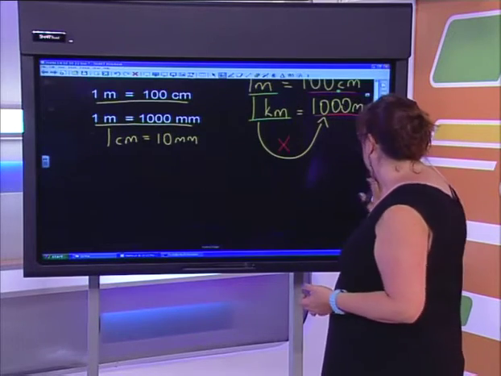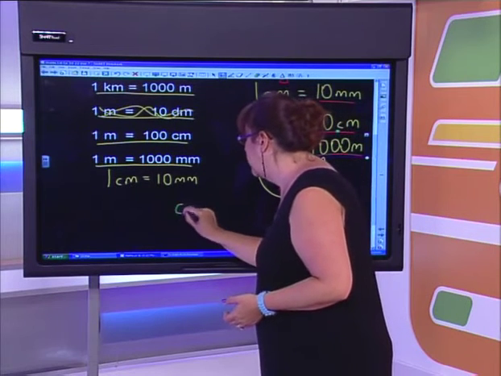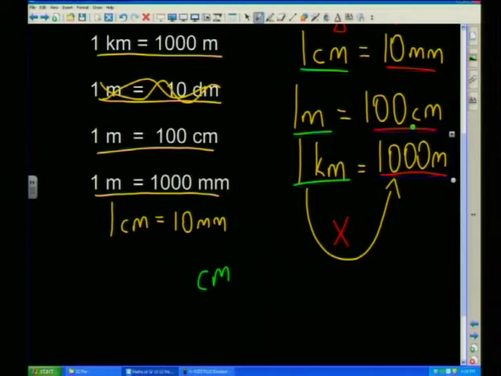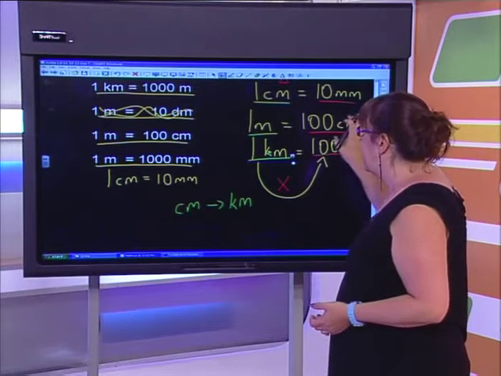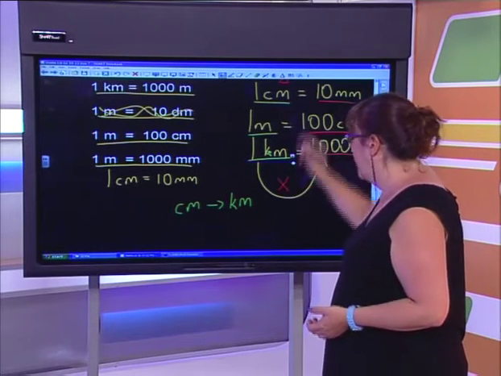If I'm going 2 steps, like let's say I'm going from centimeters to kilometers. Well, I'm going from one side to the other. So I'm going from red to green, I'm going to divide.